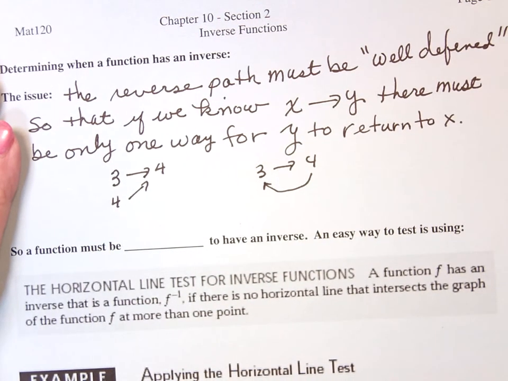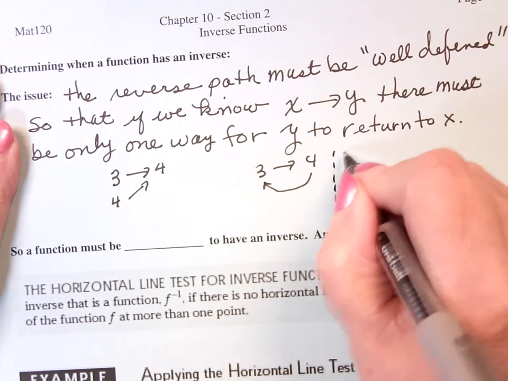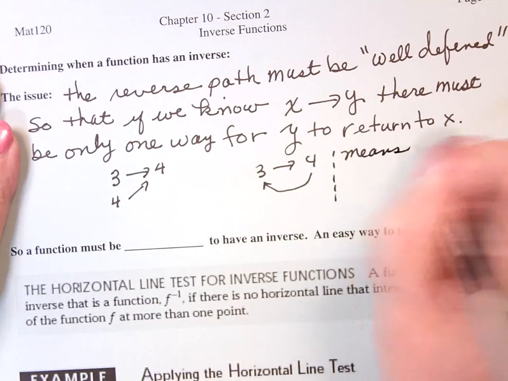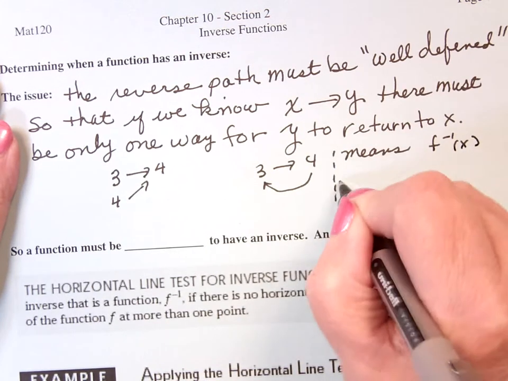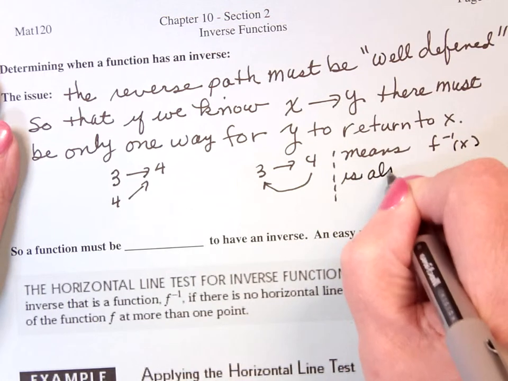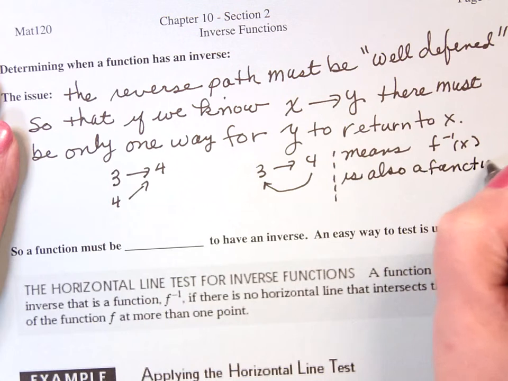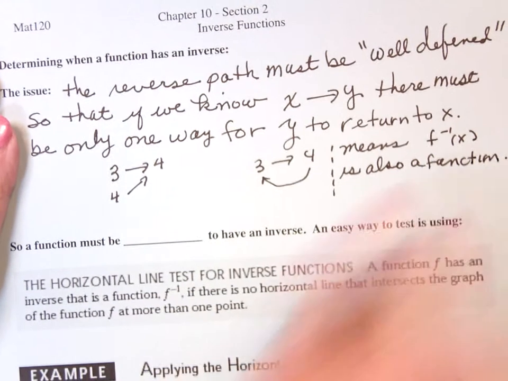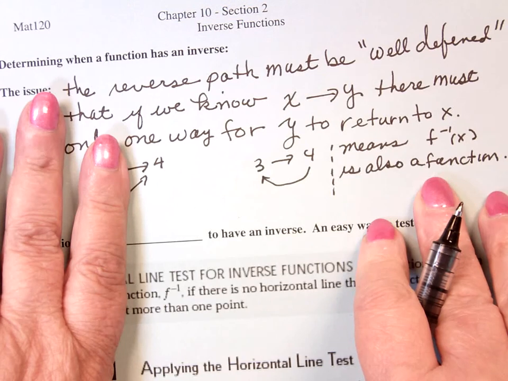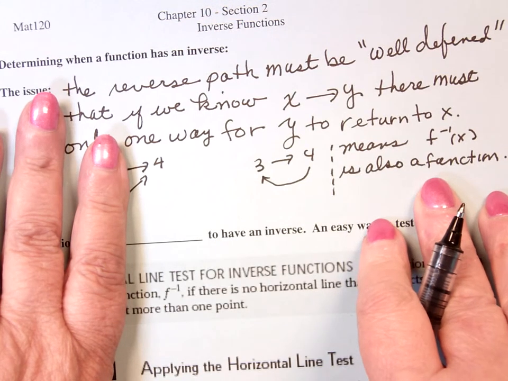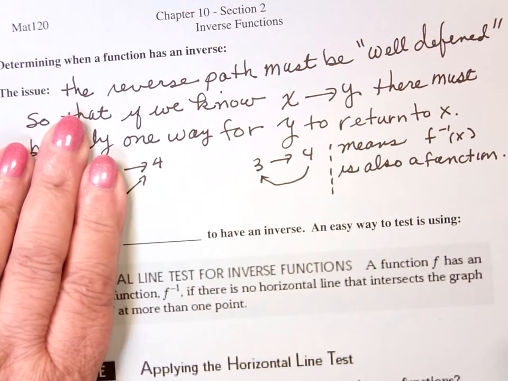Now, what does that mean to me? That means that f inverse of x is also a function. So if I were to look at 4 returning to 2 places, it can't happen. It's got to be a function, both directions.